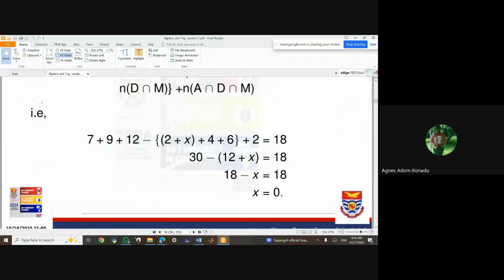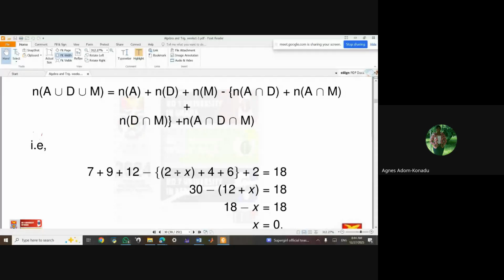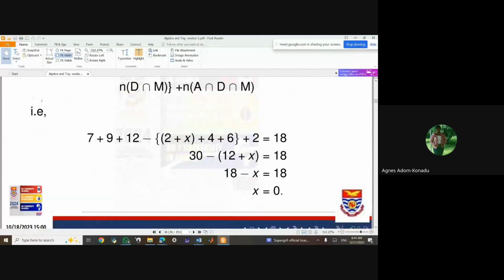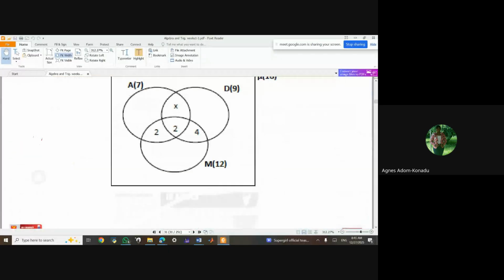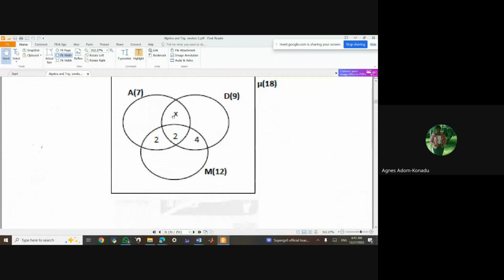So that's what we are doing. Okay, so this, then plus the whole thing is equal to 18. So when you add this, you're going to get 30. When you add this, you're going to get 12 plus x is equal to 18. And you simplify, this is 18 minus 12 equals x, so it means that my x is 0. So the number of people who can play both attack and defense is 0.